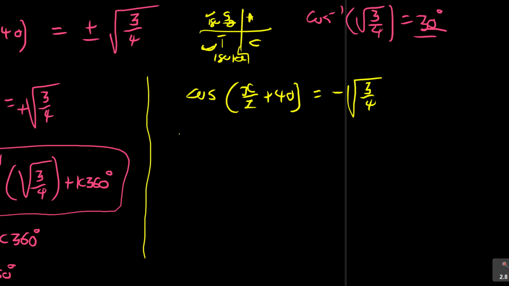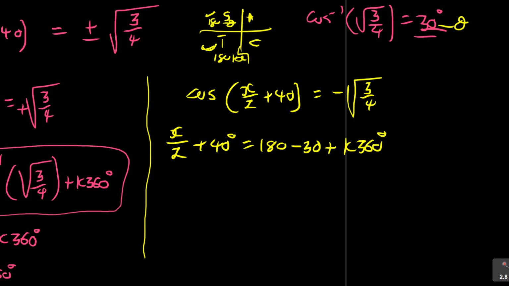So we're going to say cos, I'm not going to write cos now, I'm writing now the angle x over 2 plus 40 degrees is equal to arc cos that, remember, we're saying we're in the second quadrant, so the negative sign tells us it is 180 minus my theta, this is my theta, this one, minus what, 30, are you with me, and then plus k 360 degrees. Don't forget the condition, k is an element of Z.